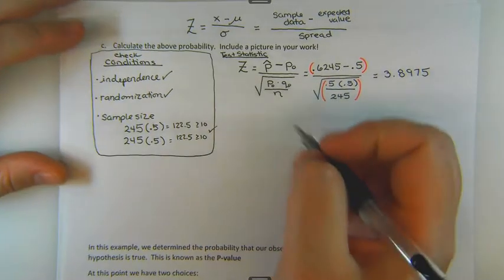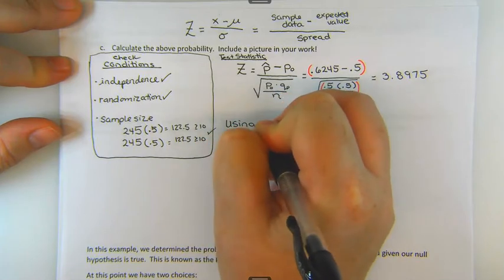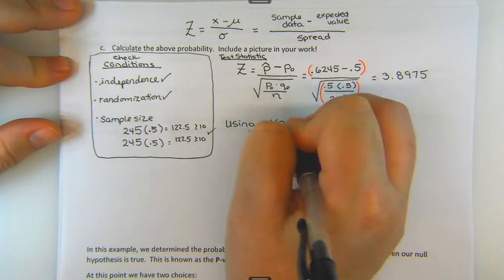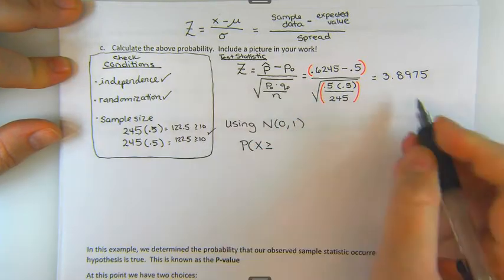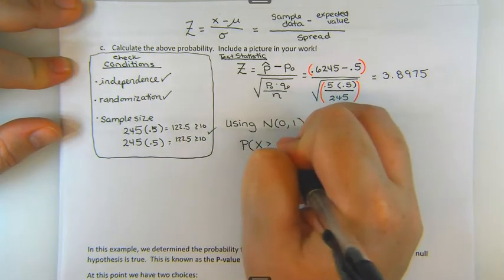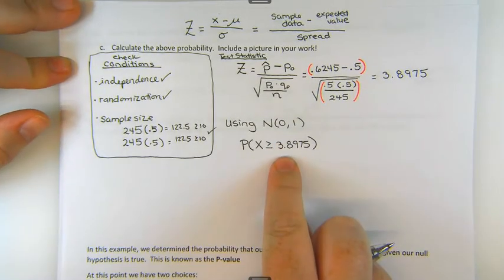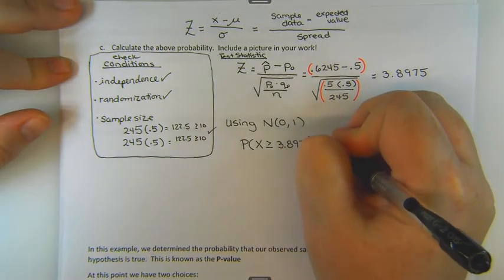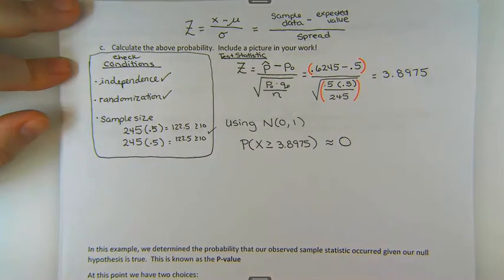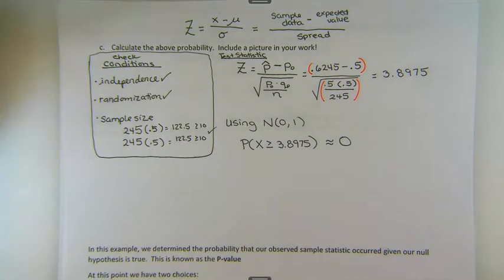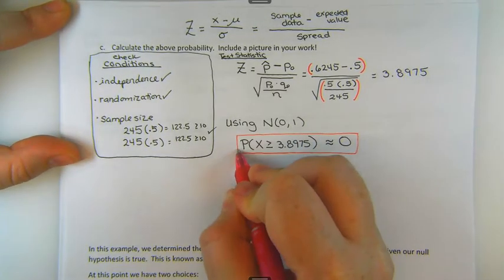Using our standard normal curve, we're going to use technology to find the probability of being more than or equal to 3.8975. When we plug this into technology, it gives us about 0. And this is the probability that's going to tell us whether or not we have evidence.